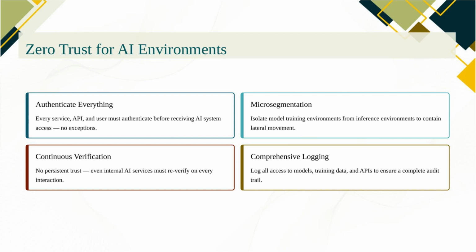Even if an attacker compromises one segment, they can't move laterally to the others. And every access to models, data, and APIs is logged, creating a complete audit trail. In a project I was involved with, a vendor had read access to a client's production AI API that was never revoked after a pilot. Under zero trust, that access would never have persisted. It would have been time-limited and would have expired. Zero trust prevents that entire category of risk.